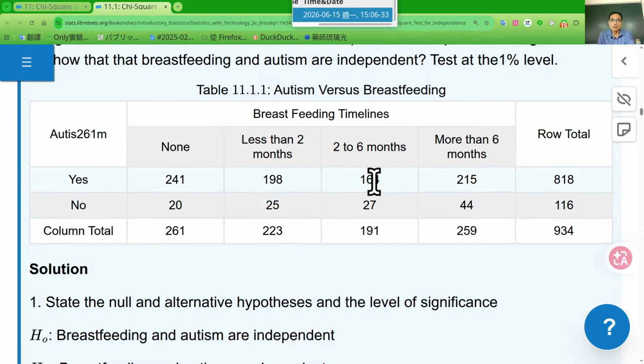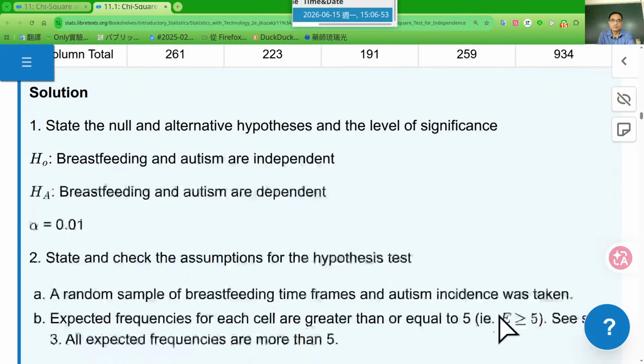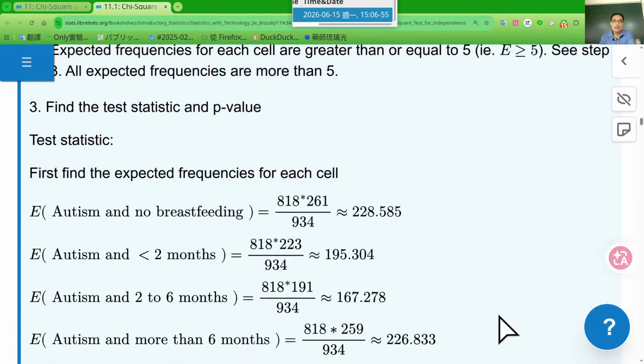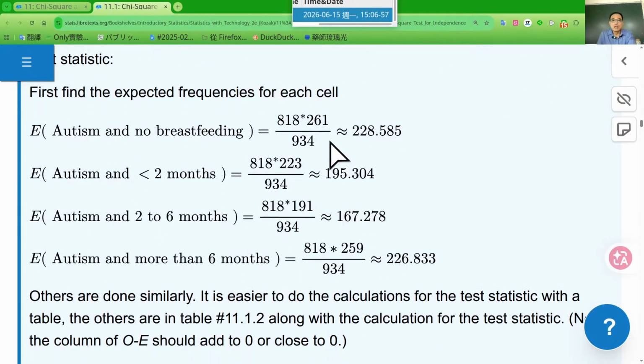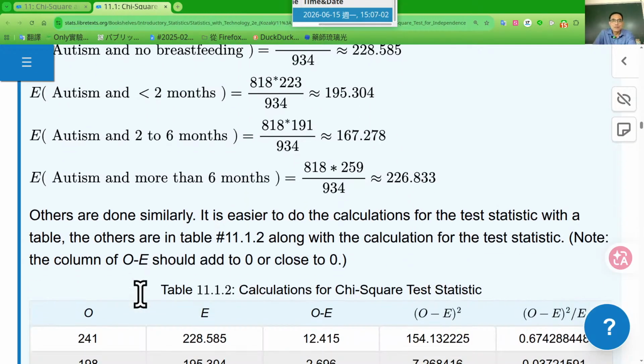And the fourth: 818 times 215 divided by 934. Here all the values are listed, and the others are done similarly.